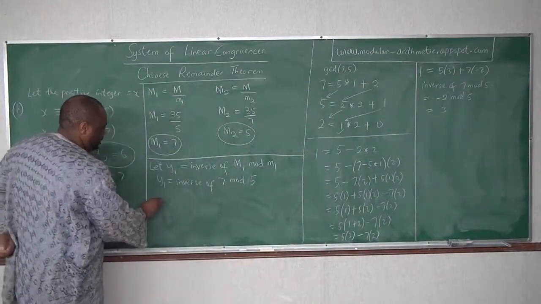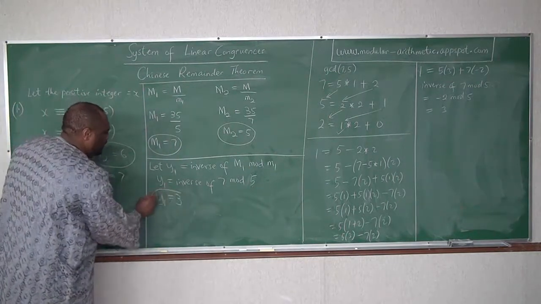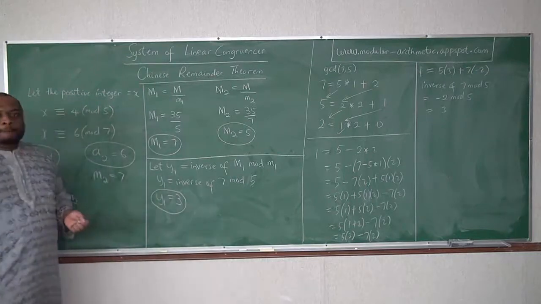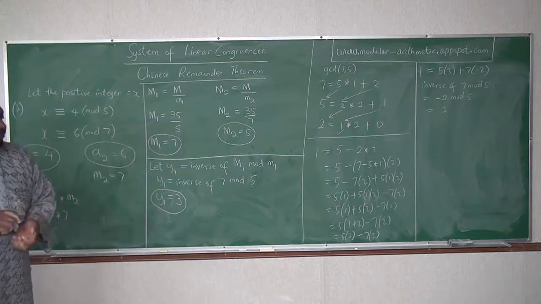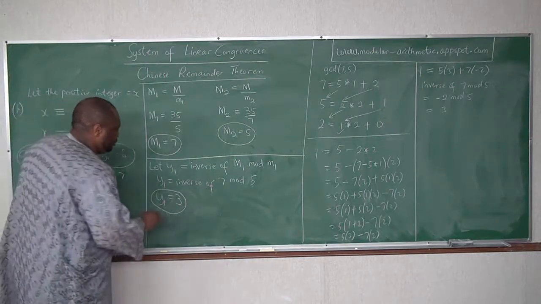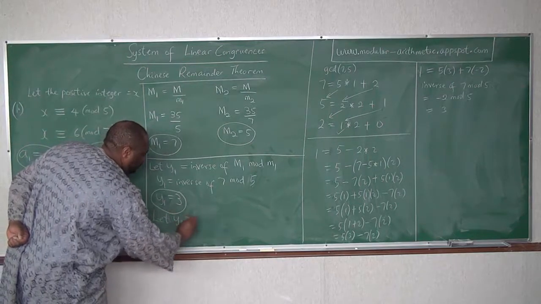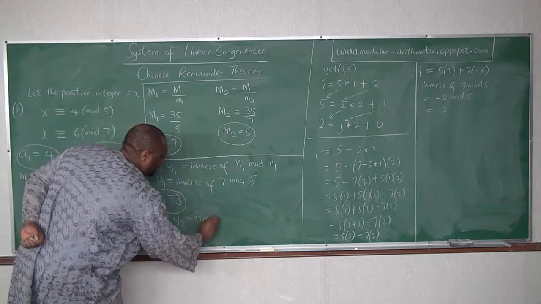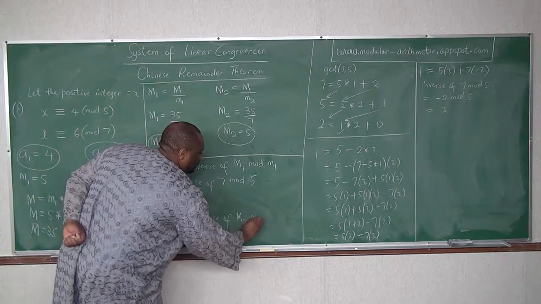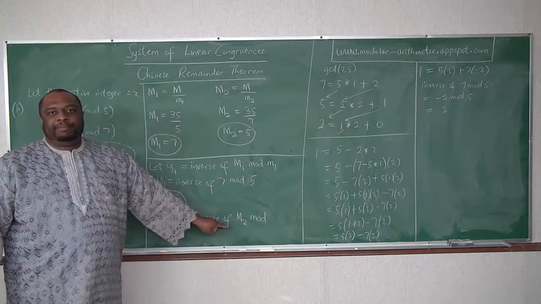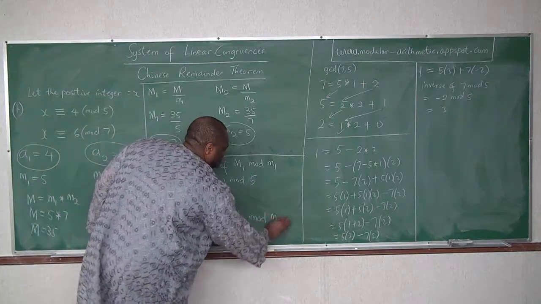y1 is 3. We'll circle it. Now y2, let y2 be the inverse of uppercase M2 mod lowercase m2.